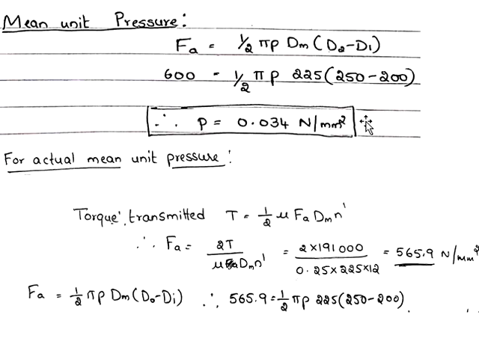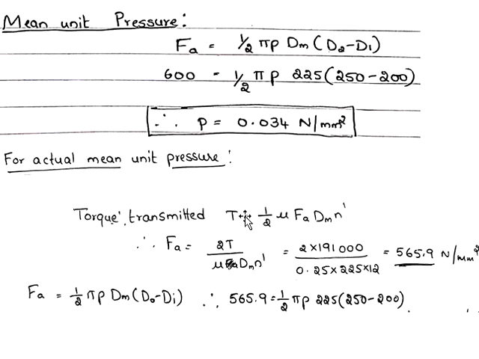To find out actual mean unit pressure, use the torque equation. From this torque equation, find out what is the new FA. Actually, the FA value is given in the question, but that is not the exact FA value. So first find out what is the accurate or exact FA value from this torque equation.